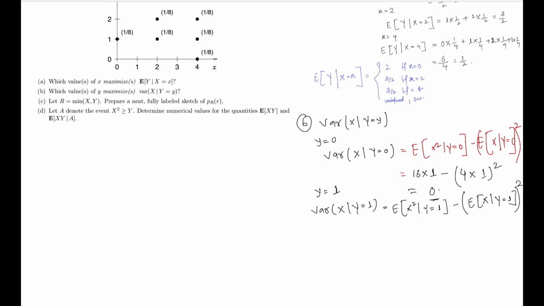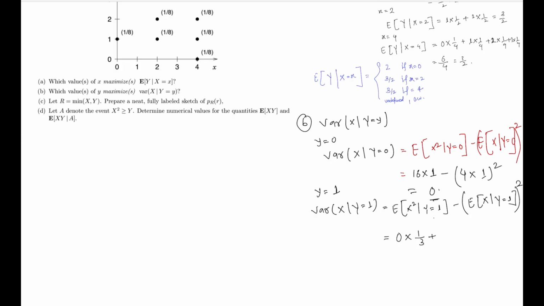So first of all, what will be the expectation of x square given y equals 1? We are now in this universe, so x can take the value 0, 2 and 4. Then x square will take the value 0 squared, that is 0, with the probability 1 divided by 3. This is the revised or conditional probability according to the condition we have been given.